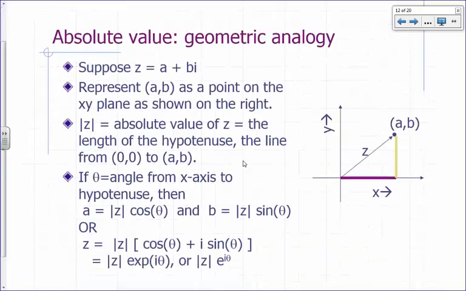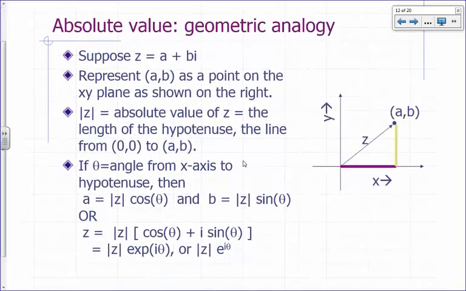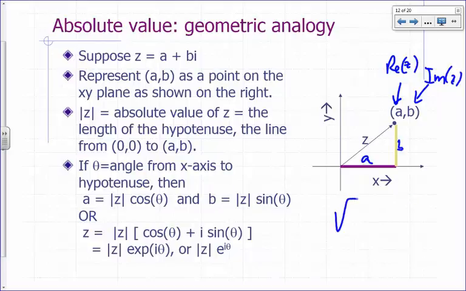All right. So here's a geometric analogy for absolute value. Remember a complex number can be represented by a point on a plane, the complex plane. So the x coordinate a is the real part of z, right? And the y coordinate b is the imaginary part of z. So what is the square root of a squared plus b squared?